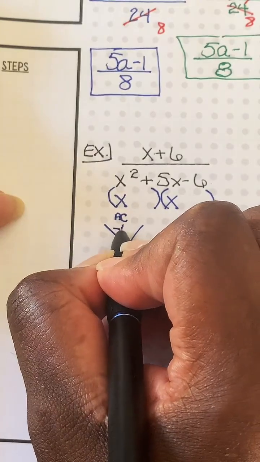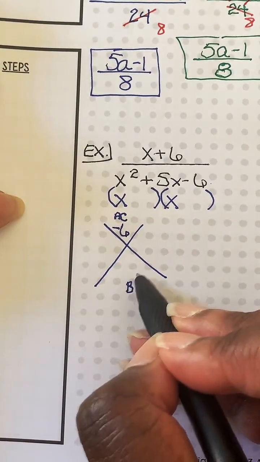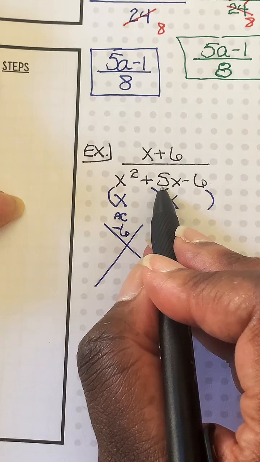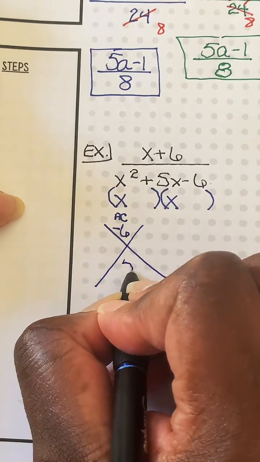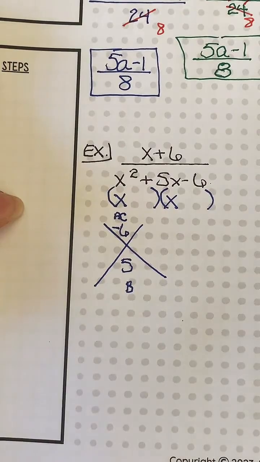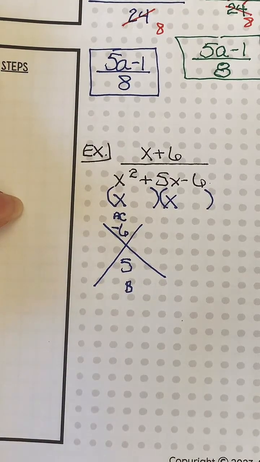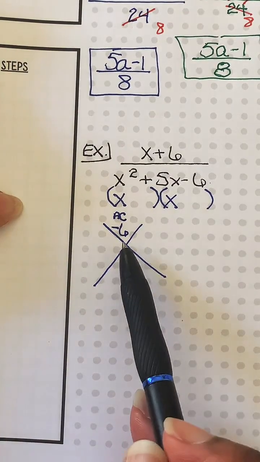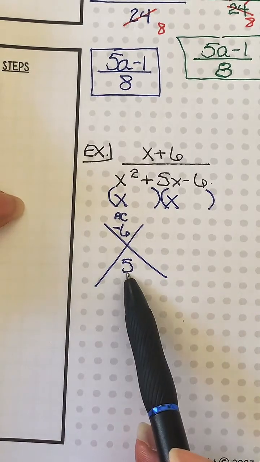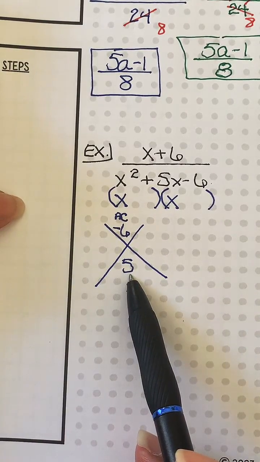So that will be a -6. And you rewrite the B, which is the one next to the x, which is 5. So what two numbers multiplied together will give you a -6 and add together to give you a +5?